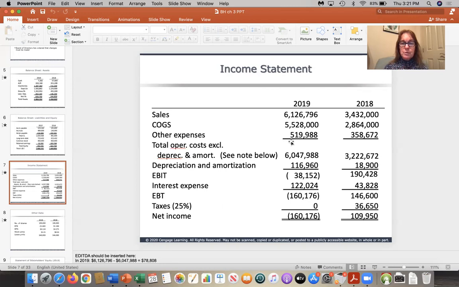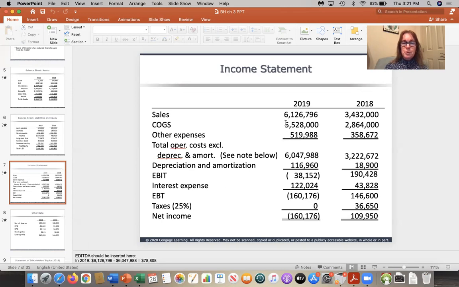Just forget about that. What you should have right here is called EBITDA. So you have your sales, okay, minus your total operating costs, which is cost of goods sold and other expenses.